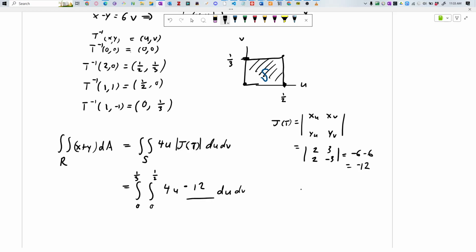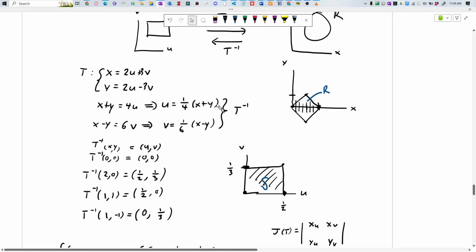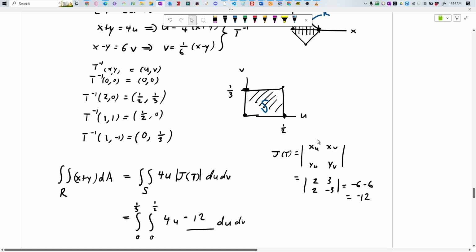To reiterate what I said in my lecture, the fact that the Jacobian is negative implies that this transformation is orientation reversing. There are some more advanced textbooks where instead of the Jacobian being in absolute values, the absolute values are not there, but instead there's a flip in the parameterization. So instead of u going from smaller to greater, you end up maybe with u going from greater to smaller, or maybe it's v that changes.